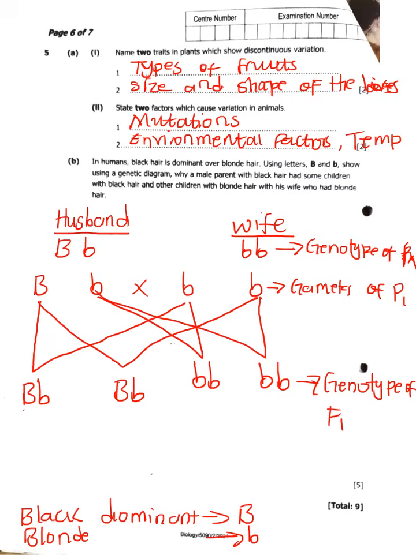We can see that there are two chances for each characteristic. There is a 50% chance of having a child with black hair, and the other 50% represents having a child with blonde hair. So this is how we can construct a genetic diagram to illustrate what happened.